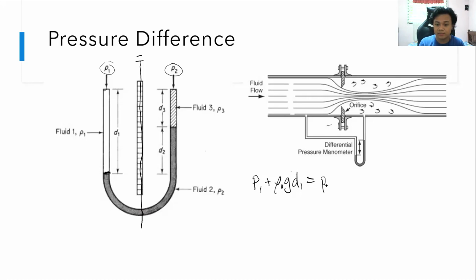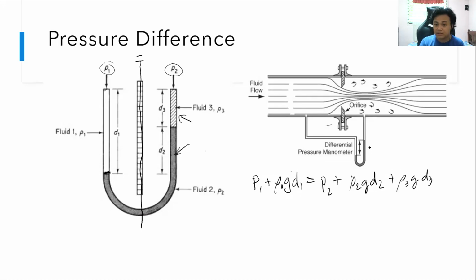So we have P2, and then we have the contribution of the pressure of this fluid and also this fluid. So we have P2, and then we have our rho 2 G D2. So that's this liquid, and then for this liquid rho 3 G D3. Okay, so that's just that.